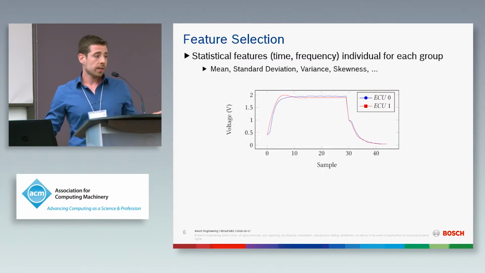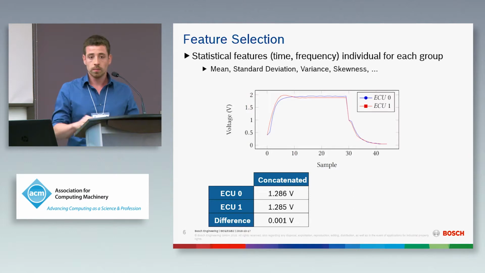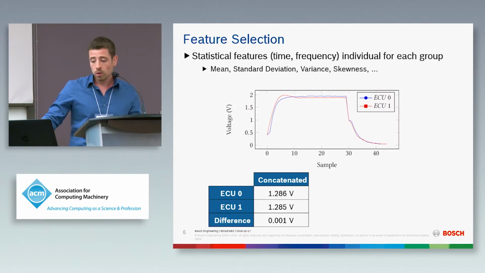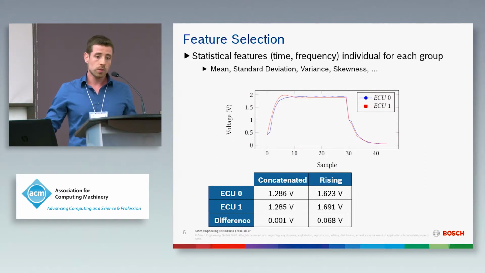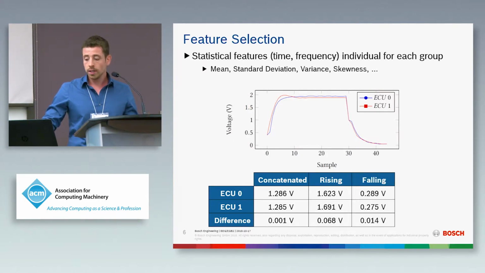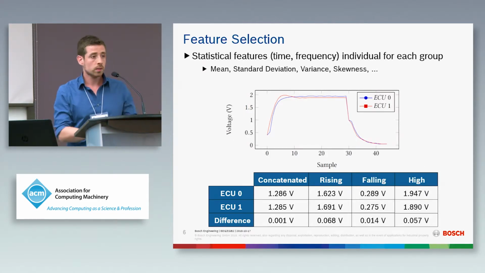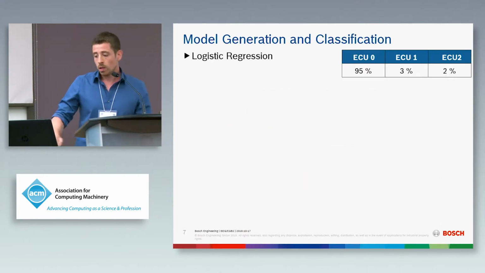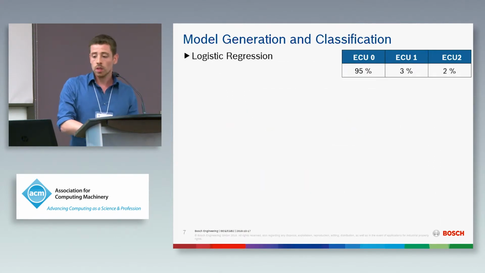But if you calculate the mean over the whole sequence, then you get a really tiny difference. But if you calculate the mean over the rising edge, the falling edge, and the stable high signal individually, you see a much bigger difference. And we can now use this for the classification algorithm.